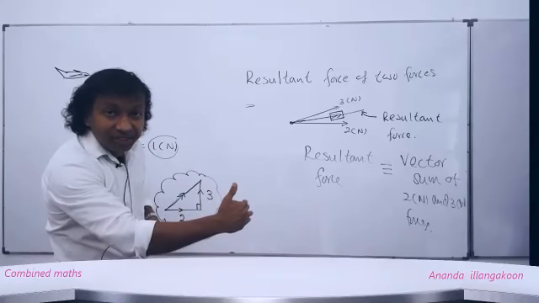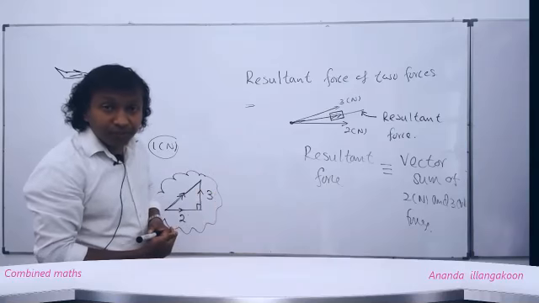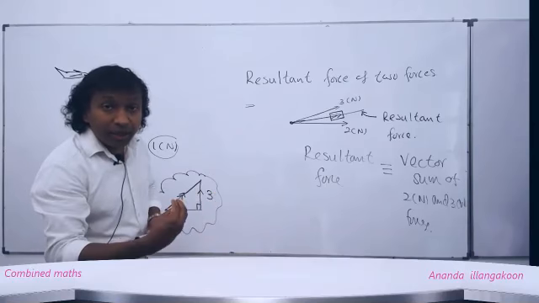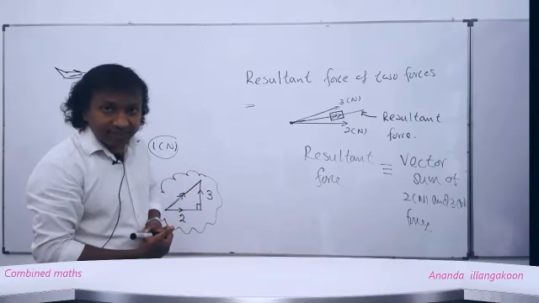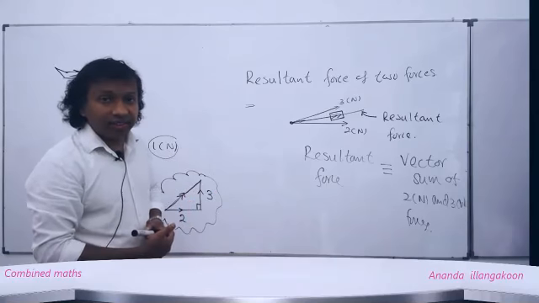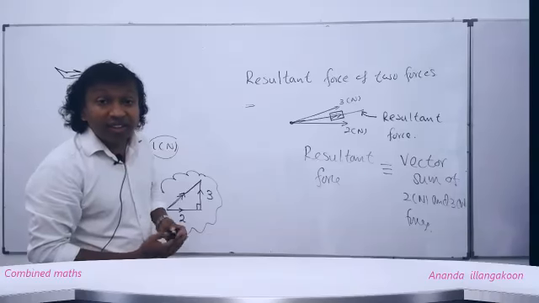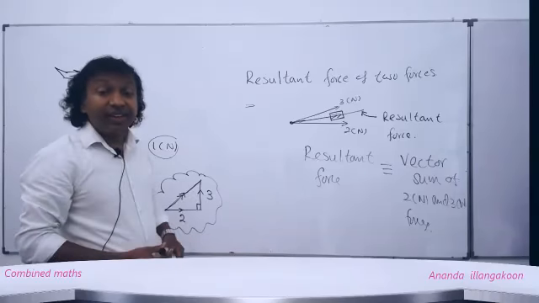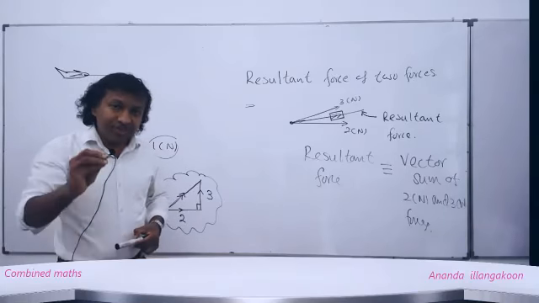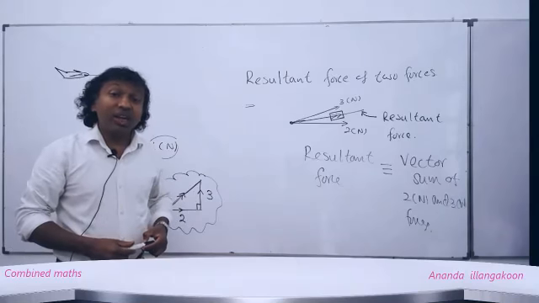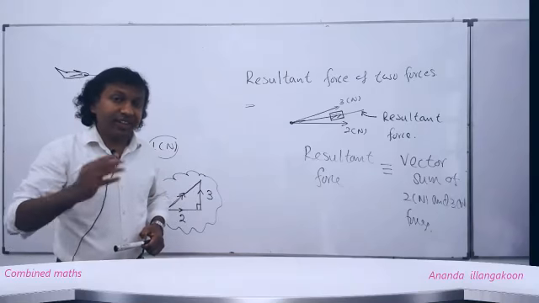The directions give the direction of the forces. That is the meaning of representing the two forces by two adjacent sides of a triangle in magnitude and direction. Then their resultant, that means vector sum, will be given by the third side of the same triangle in magnitude and direction. Understand, people? This is called the triangle law of vector addition. Understand? The triangle law of vector addition.